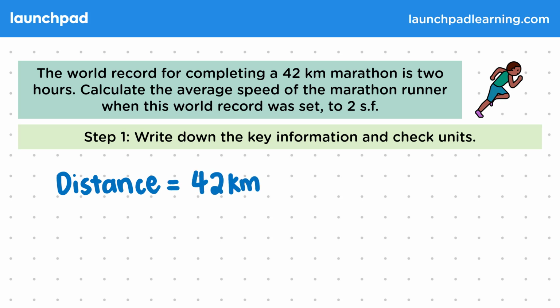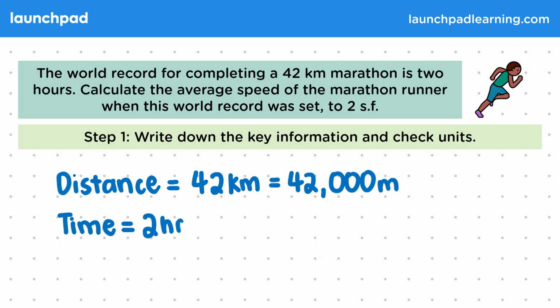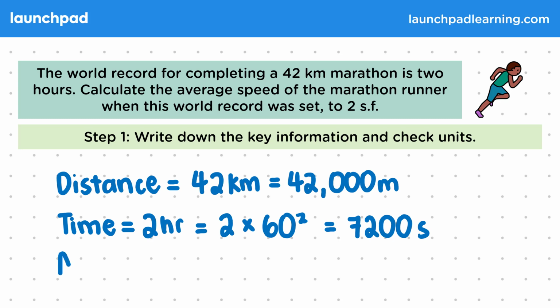Now our equation uses metres, so we're going to convert the 42 kilometres into metres, which is 42,000 metres. The time is equal to 2 hours, and our equation uses seconds, so we can convert from hours by doing 2 hours multiplied by 60 multiplied by 60, or 60 squared, which is equal to 7,200 seconds. And we want to calculate the average speed.